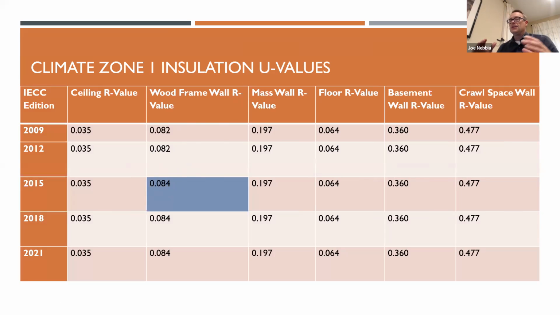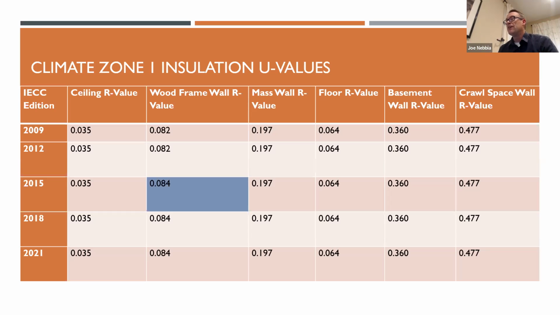And what happened is between 2012 and 2015, somebody did some calculations and argued at the code hearings that the U value credit being given for the R13 wood framed wall should be a 0.084 instead of a 0.082.